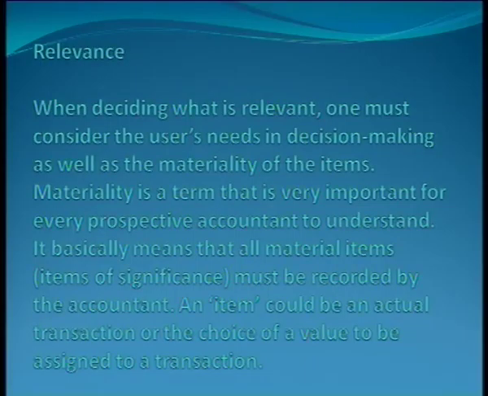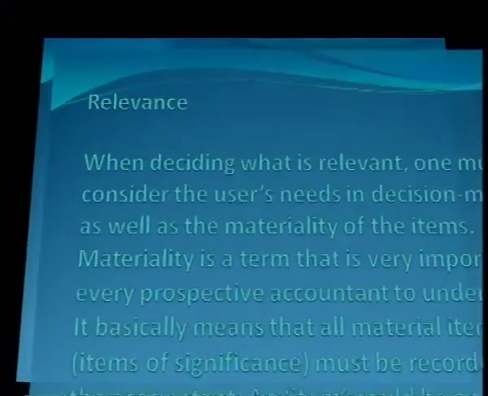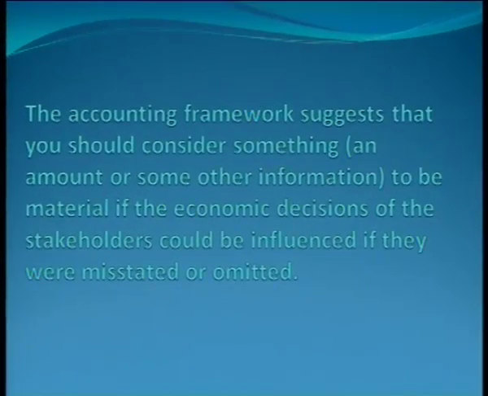It basically means that all material items of significance must be recorded by the accountant. An item could be an actual transaction or the choice of a value to be assigned to a transaction. The accounting framework suggests that you should consider something, an amount, or some other information to be material if the economic decision of the stakeholders could be influenced if they were misstated or omitted.